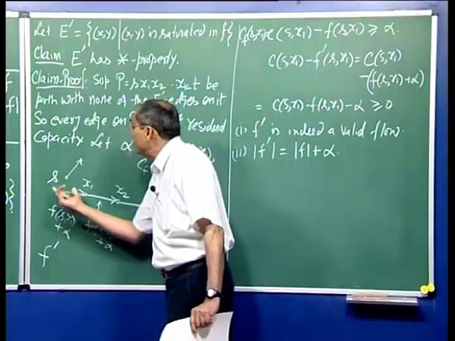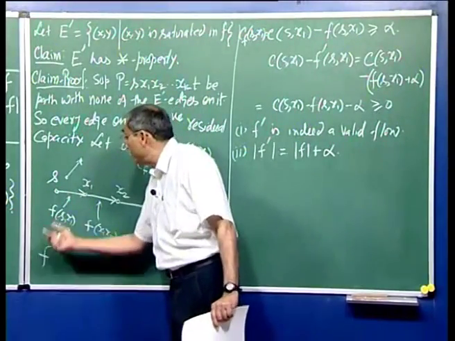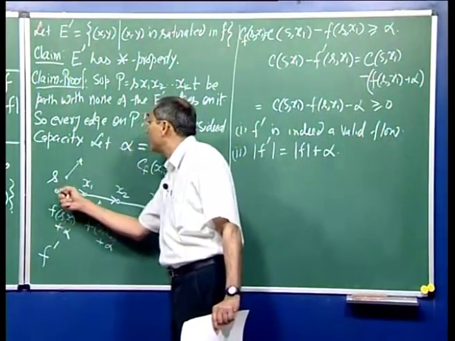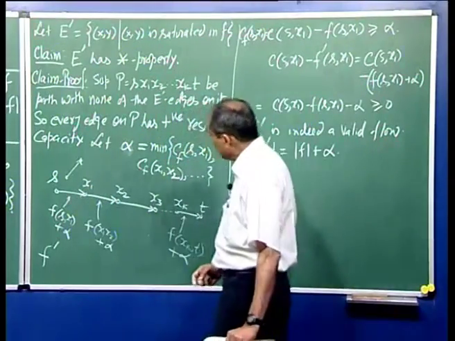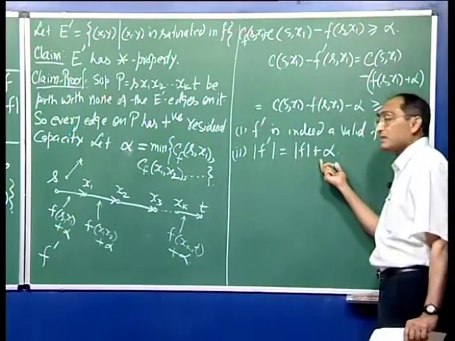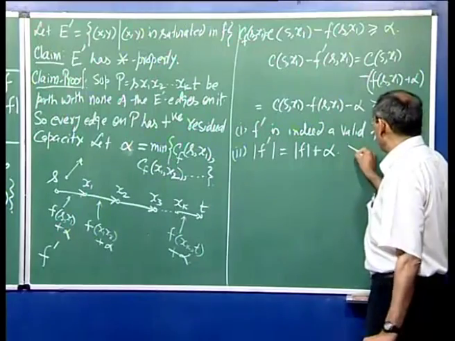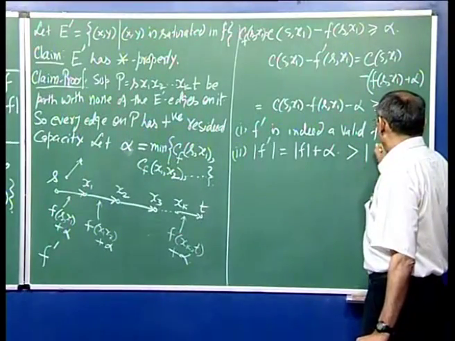The only thing that has changed from f to f prime is that now added alpha flow emerges along this edge. Hence, we have mod f plus alpha, which is strictly greater than f.